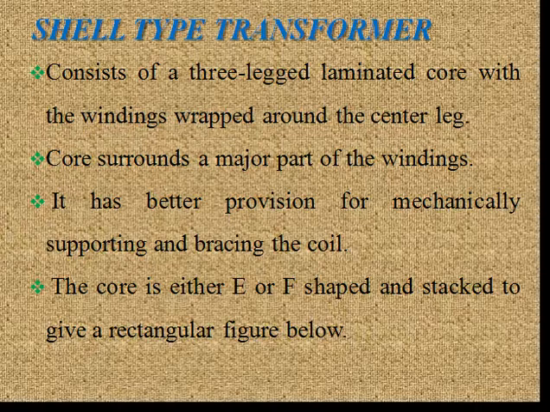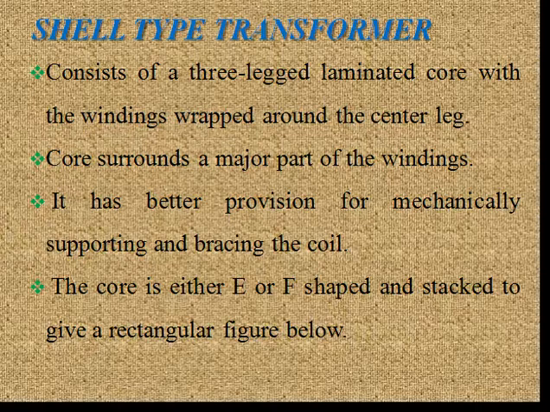The second one is the shell type transformer. It consists of a three-legged laminated core with the winding wrapped around the center leg. The core surrounds a major part of the windings. It has better provision for mechanically supporting and bracing the coil.